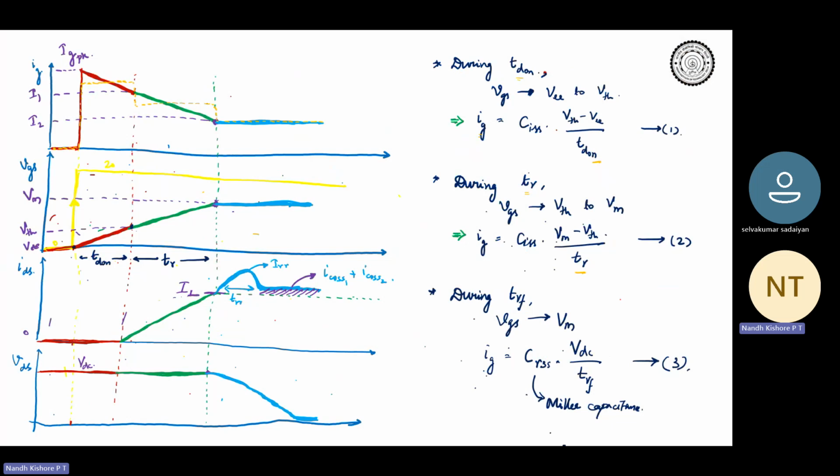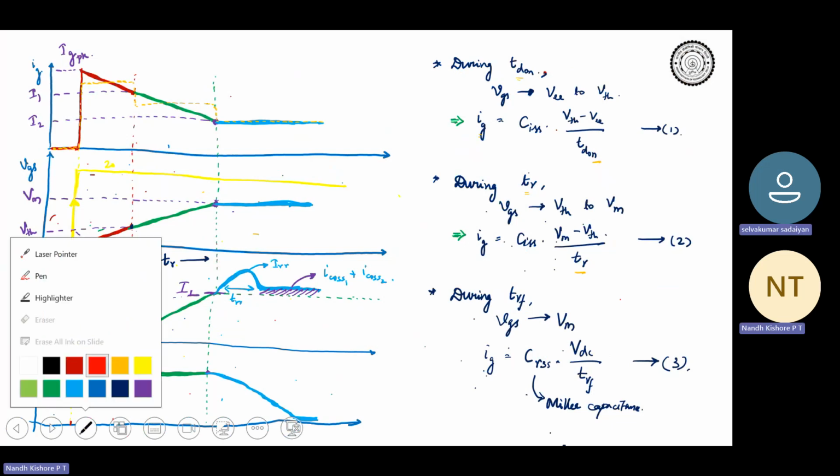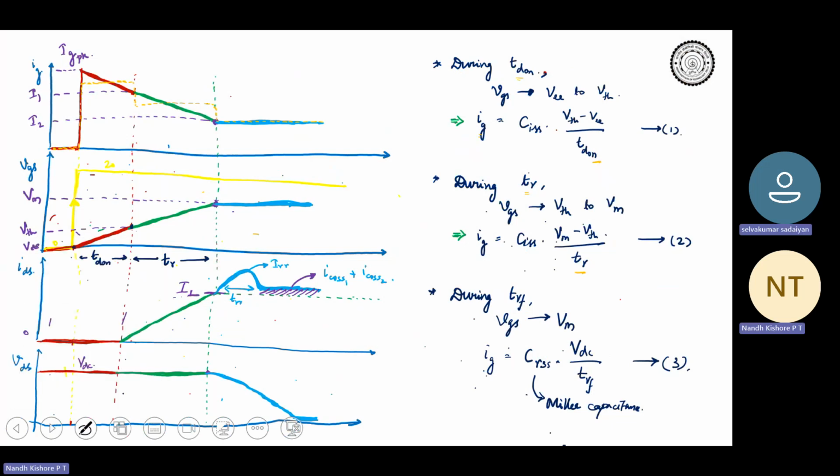Should it be the turn on delay time, the current rise time, or the voltage fall time? It will be turn on delay time loss?